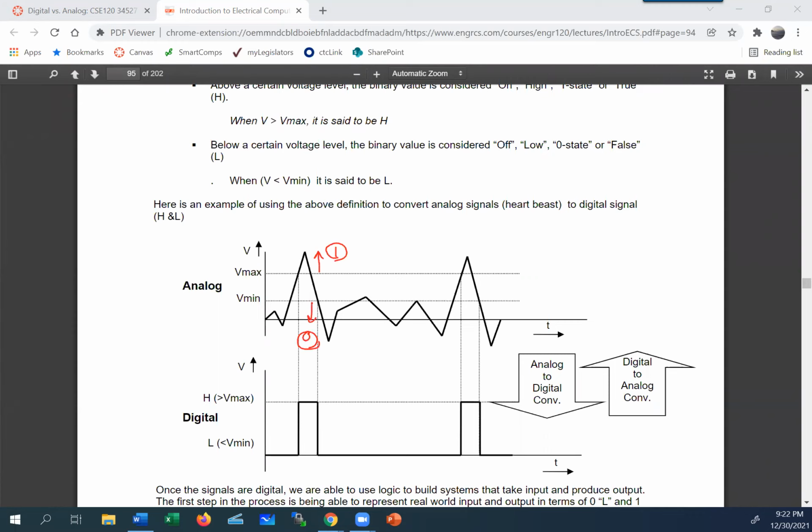Since computers work on those two system values, they're important, and you have many names for them. For the high, we have 1, high, true, and they might also use the word on.